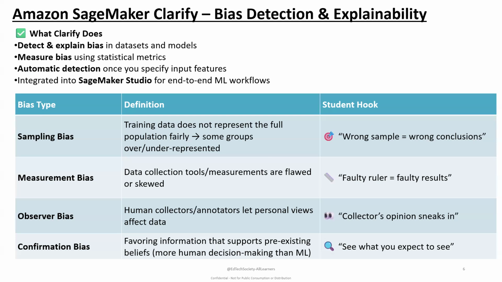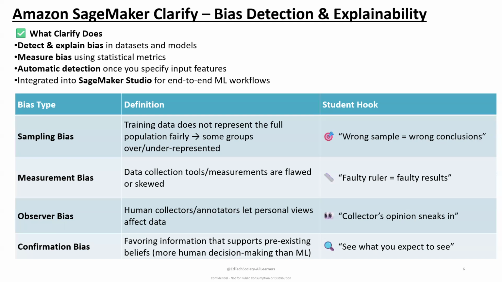Another is confirmation bias, favoring information that supports pre-existing beliefs, more human decision making than ML. So this kind of pre-existing belief is also a bias called confirmation bias. Whatever the human thinks or their upbringing is, if they put that knowledge or thought process in the model, that will be confirmation bias. So all this kind of bias can be detected by SageMaker Clarify.